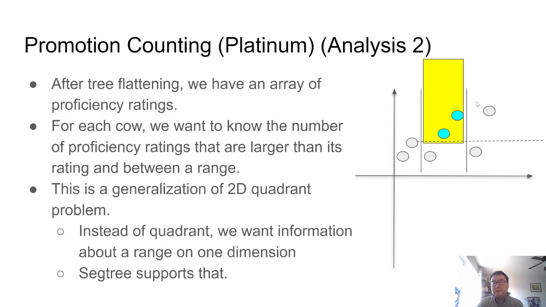But this problem cannot, because here we really need to query a range. So the segment tree is more powerful than the Fenwick tree, and in some sense it suffices to learn the segment tree, and you don't need to remember how to do the Fenwick tree or binary indexed tree. So that's for this problem.